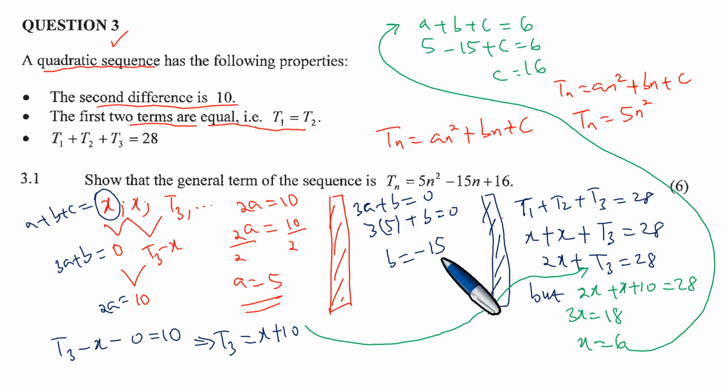We got b to be minus 15, and we got c to be 16. So is that what the examiner wanted? Yes. It shows that the general term of the sequence is 5n squared minus 15n plus 16. So we're done. We continue.